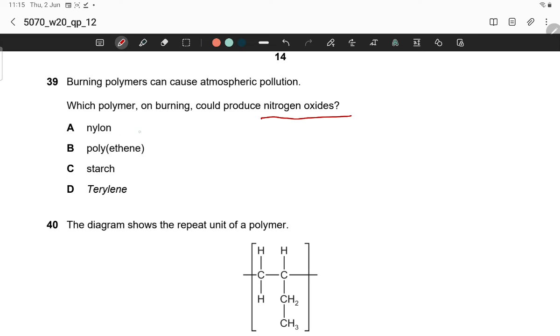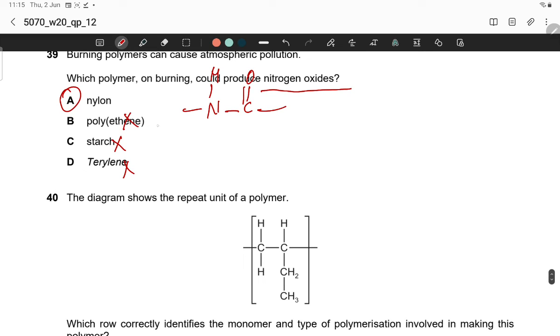So it must be nylon, because in nylon the amide linkage is present, NH and C double bond O. So nylon must be correct, not polythene, not starch, not terylene, because there is no nitrogen in these. Polythene is C2H4, starch is also not, and terylene has C double bond O and O. So this must be nylon.